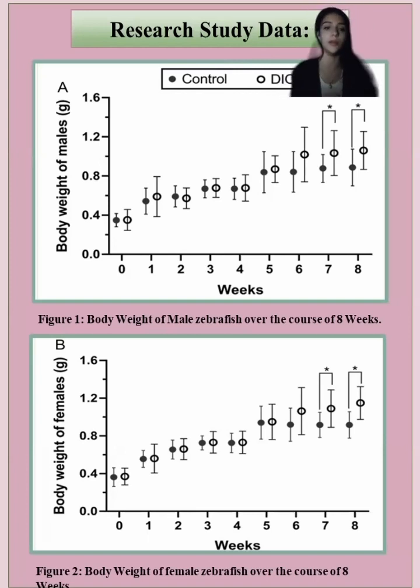So this was not only limited to sex; the obesity affected both the male and the female zebrafish in a very similar way, I would say, especially in the error bars. You can see a lot of the same stretch between both the female and the male zebrafish in terms of the body weight.